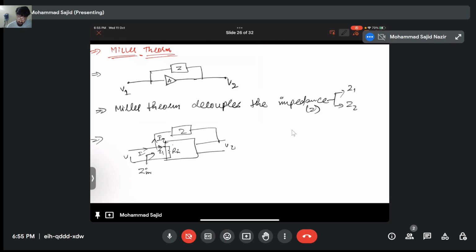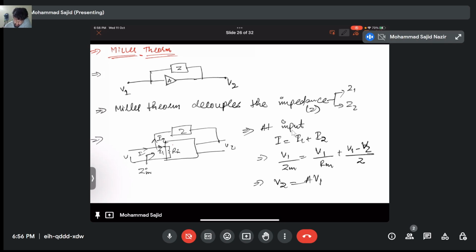Okay, let's see. So at input, I is equivalent to I1 plus I2. I can write V1 by Z in is equal to I1. That is simply V1 by R in is I2. That is V1 minus V2 by Z, right? Now what is V2?